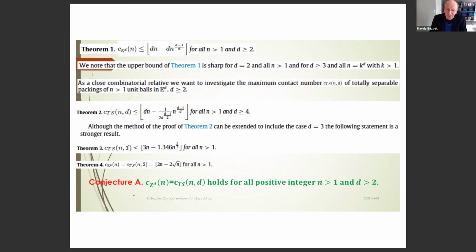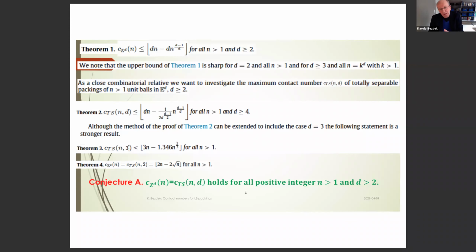And of course, I cannot resist putting forward this conjecture, that maybe this is true in general: that this lattice contact number, the maximum contact number, is the same as the maximum contact number for totally separable packings.